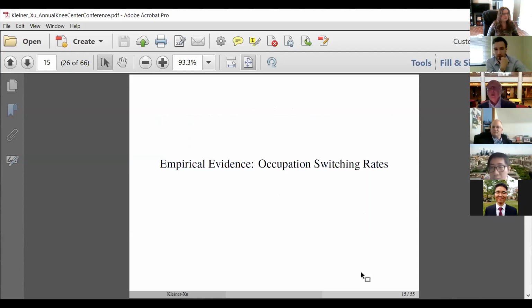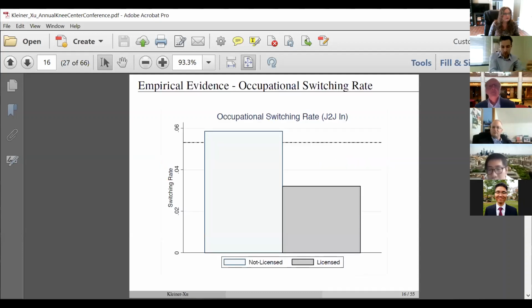That gives you the background: the number of occupations that are licensed has grown, and the cost of entering an occupation has grown, so one would expect this might also have an effect on the ability of people to move into or leave licensed occupations. So this is the basic data.